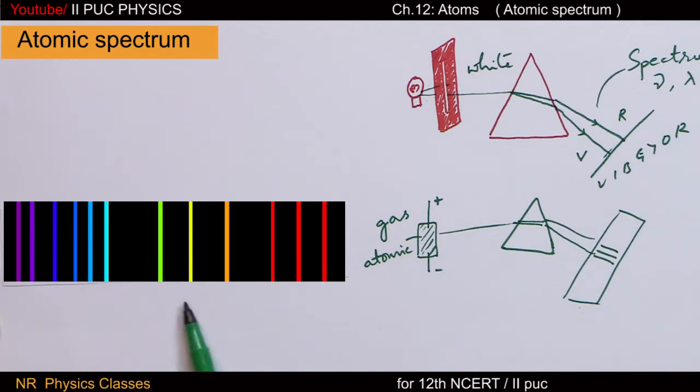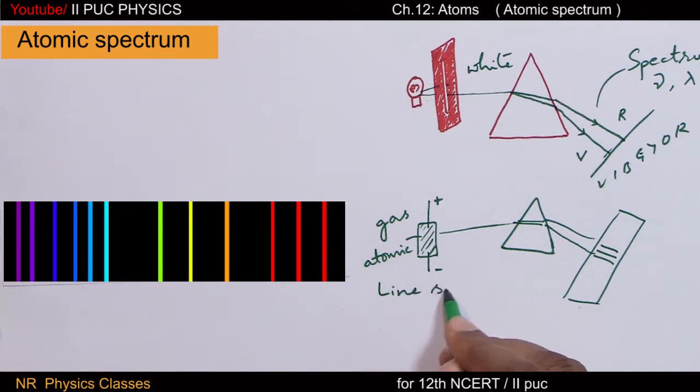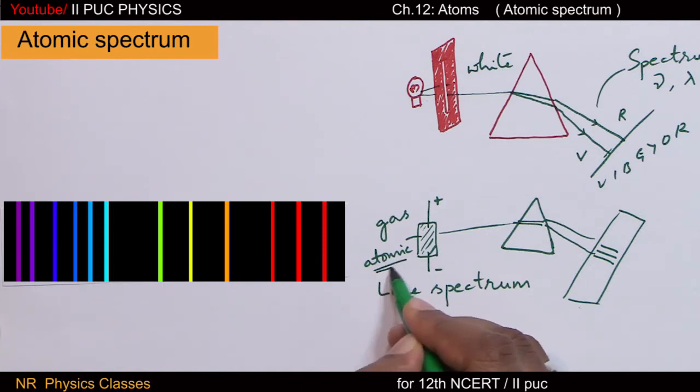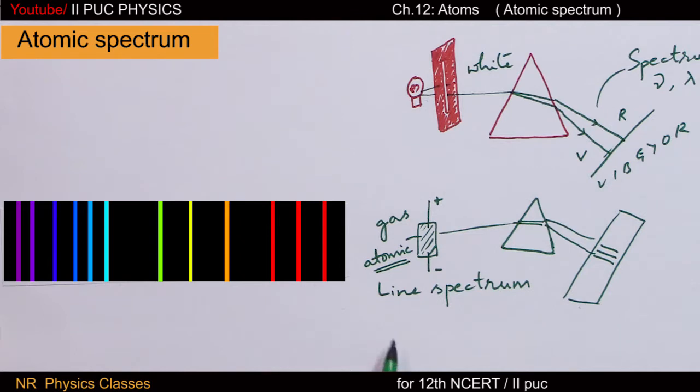So that is why this is called line spectrum. So what is the nature of line spectrum? Bright lines appear on dark background, and this line spectrum is due to emitter in atomic state. So this is also called atomic spectrum.